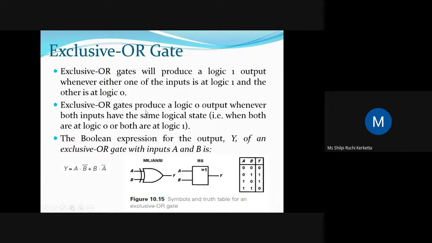An exclusive OR gate produces a logic 0 output whenever both inputs are at the same logical state, that is when both are at logic 0 or both are at logic 1. So this is for the first and last case. So if both the inputs are the same, then we are getting a logic 0, and if any one input is different, then we are getting a logic 1.